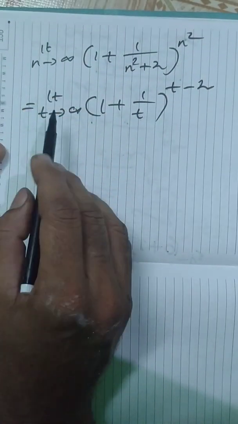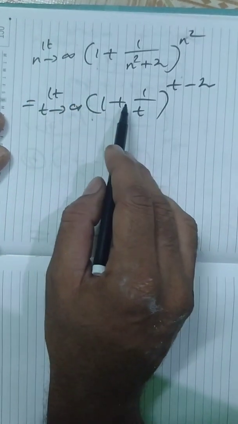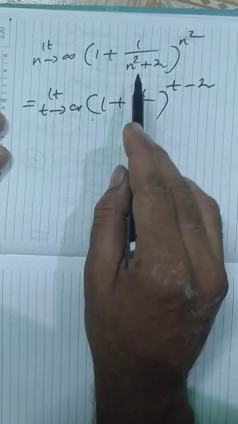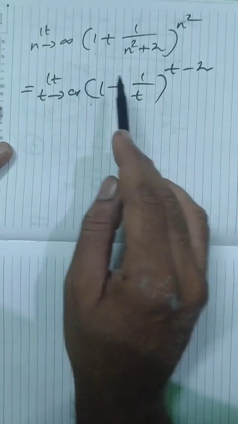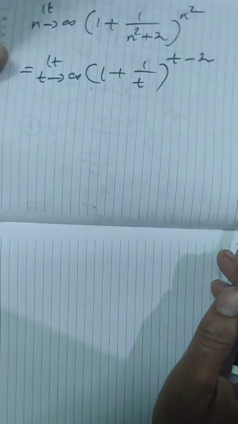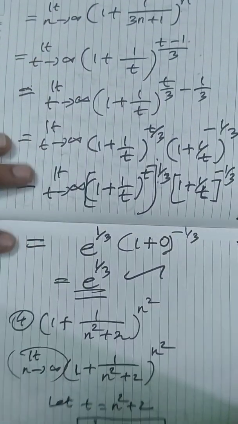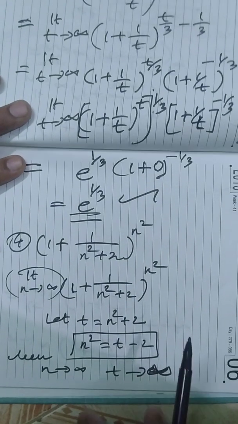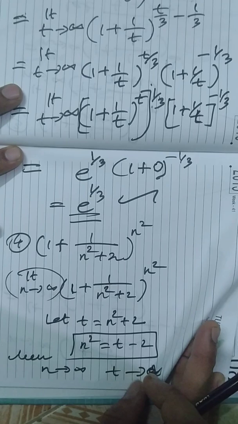Now the limit will be changed: limit t tends to infinity, 1 plus 1 divided by n square plus 2. Instead of this, we take t. Instead of n square, t minus 2, as we just saw. For our clarity, we have taken t, so instead of n square we are using t minus 2.